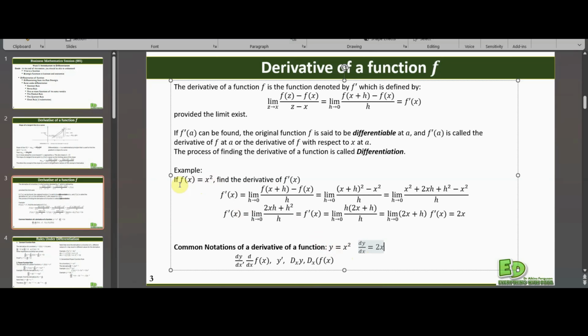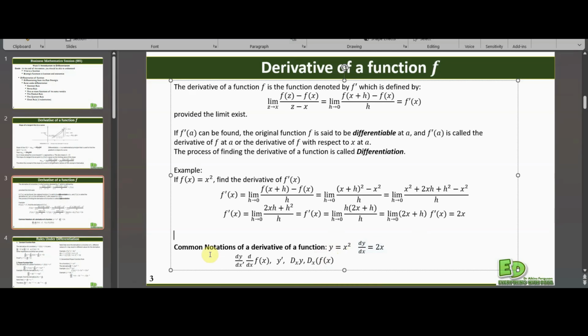But if it's given to you as f of x is equal to x squared, then the differential would be f prime of x is equal to 2x. But if the term is given to you as y is equal to x squared, then we would say dy over dx. It simply means that the derivative of y, or the differential of y with respect to x, or the change in y with respect to x, is equal to 2x.